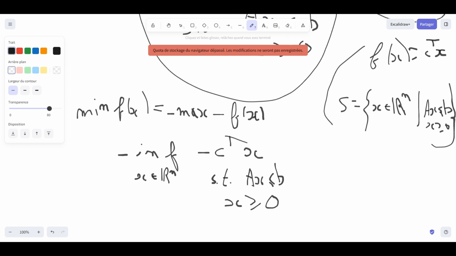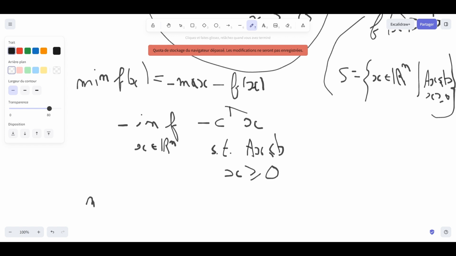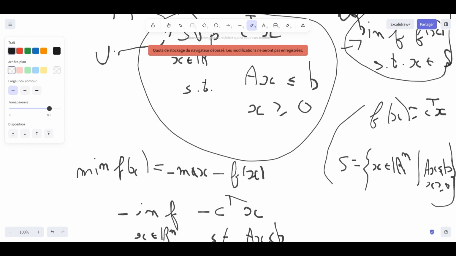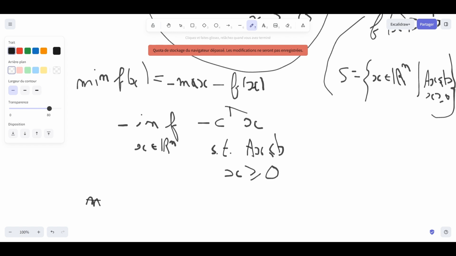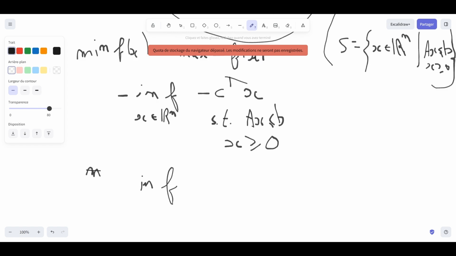But the problem at the end will be the same mathematically, and the x will be the same, so you can just write it like this and you don't need the minus before. Mathematically it's more rigorous to write it, but for the optimization itself you can directly write this.